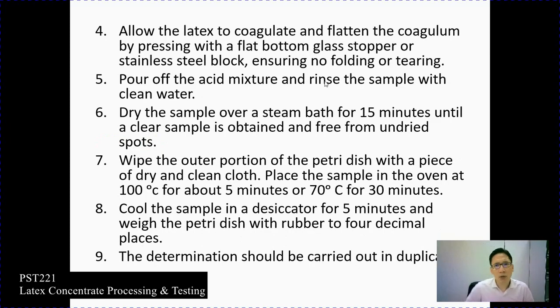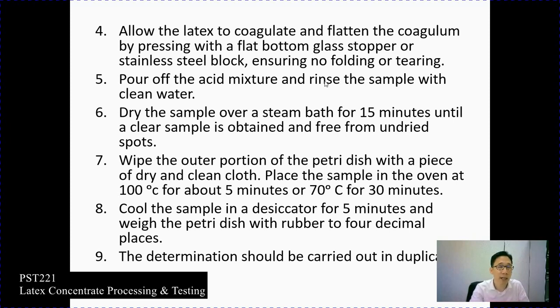So allow the latex to coagulate and flatten the coagulant by pressing with a flat-bottom glass stopper. I think a glass or silicone rubber stopper should be okay, or a stainless steel block, ensuring no folding and tearing. So you need to press it very gently, but make sure it is flattened enough.